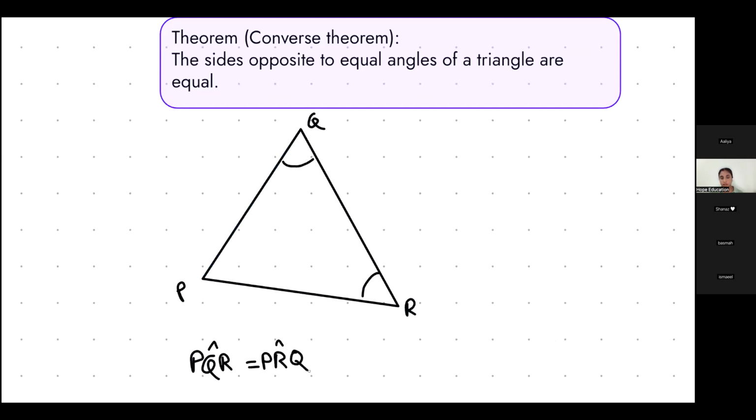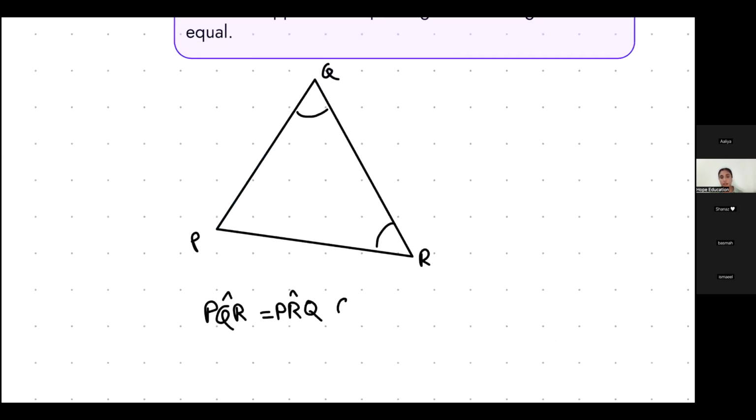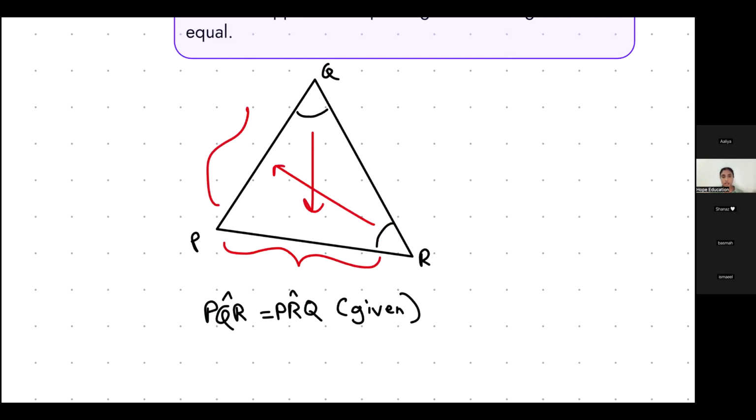So from the theorem we can say, if in a triangle two angles are equal, the sides opposite to the two angles are also equal. For example, the side opposite to this angle is this, and the side opposite to this angle is this. So these two sides are also equal. It's the opposite, as I said.